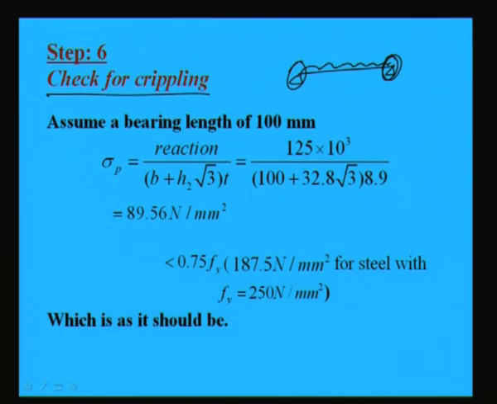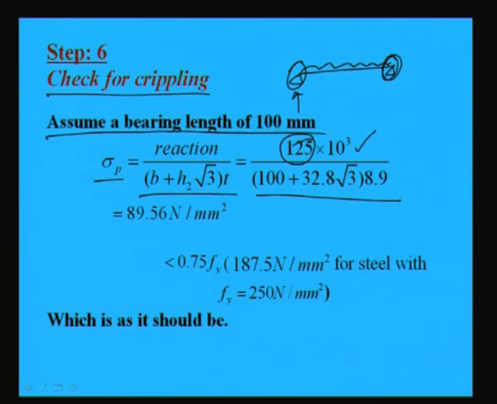For that we know the formula we have derived earlier: reaction by (B plus H2) root 3 into T. We know the reaction is 125 kilonewton. So, 125 kilonewton by (B plus H2) into root 3 into T. B we are assuming as the minimum bearing length, say 100 mm.